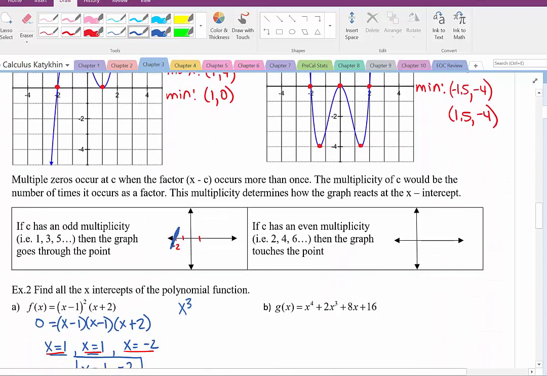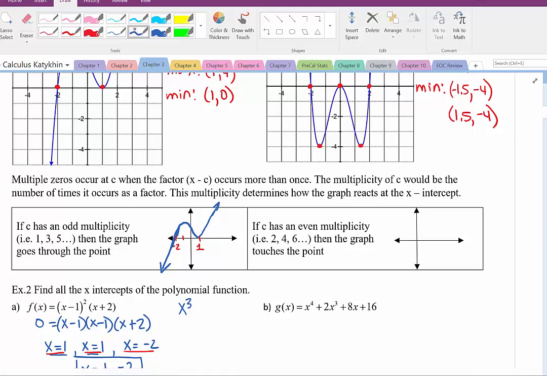So left side is going down, as we can see there, because it's going through -2. But my right side has to be going up. Well, the only way to do that is if it touches it but never crosses it. So it's something like that. So at -2, it goes through, but at +1, it's only going to touch it and then bounce back up. So that's what these mean.